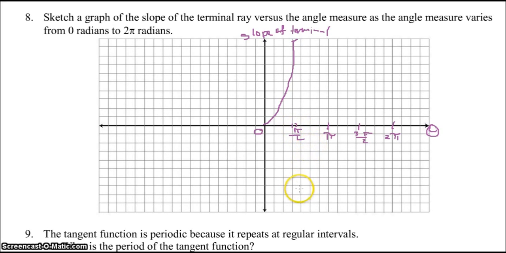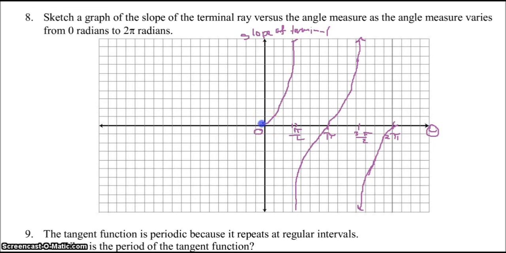Then after that, we have extremely high negative values, and then we get to pi, which is the slope of 0, and then we again increase without bound, and then we're very highly negative again, and then we increase up to 0. So we've identified two vertical asymptotes here at pi over 2 and 3 pi over 2.